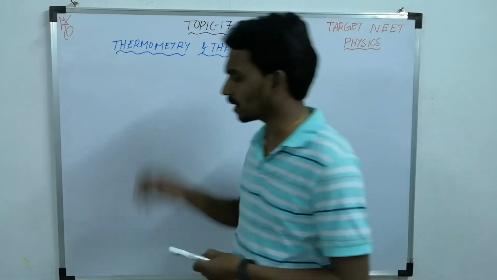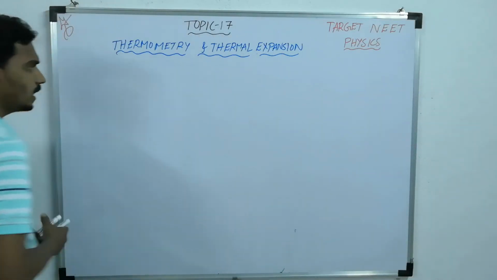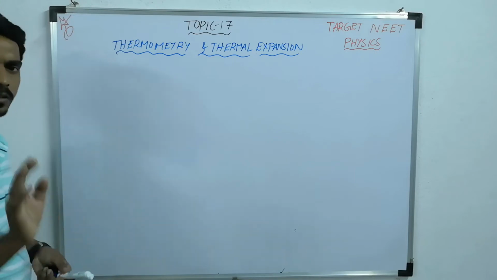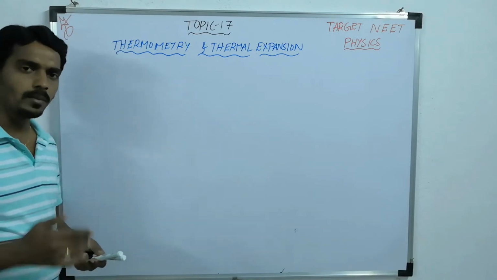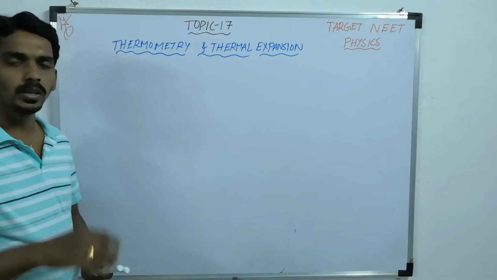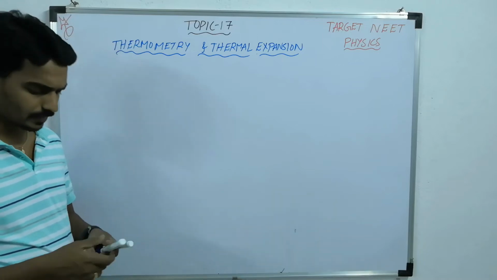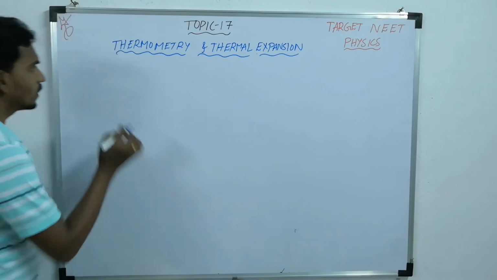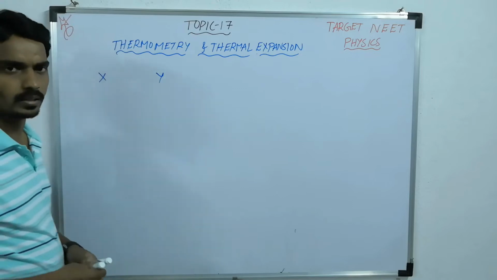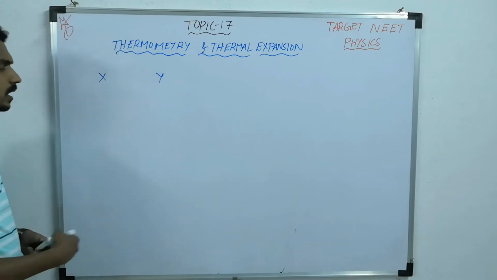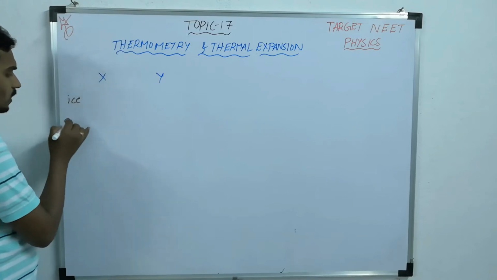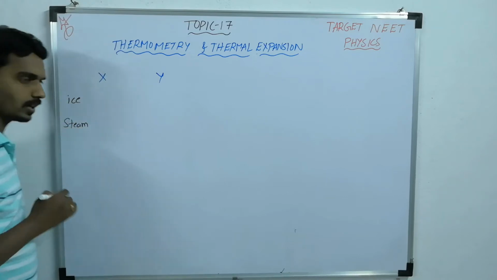When you consider thermometry, the only kind of question you can expect is how we measure temperature and what is the conversion between two different temperature scales. Consider any two different temperature scales, one is X and one is Y. In every temperature scale you have to take the ice point and the steam point as reference.